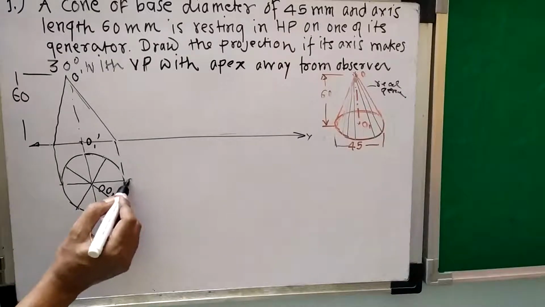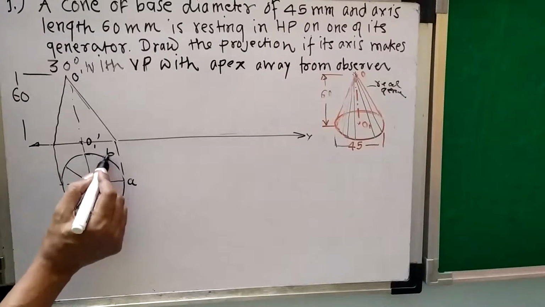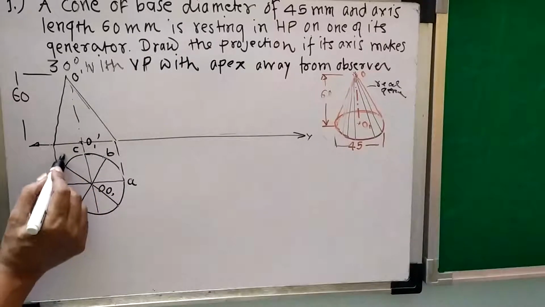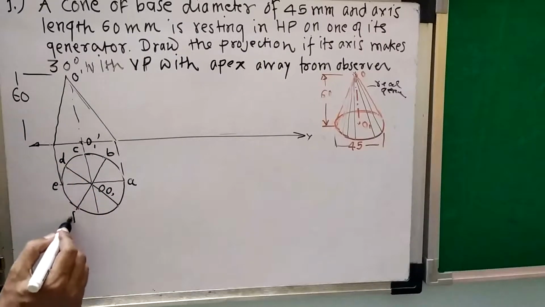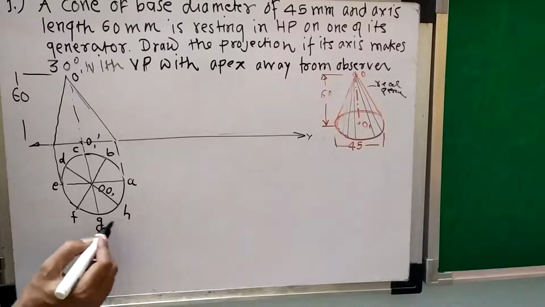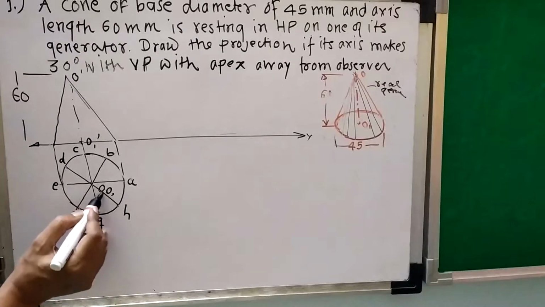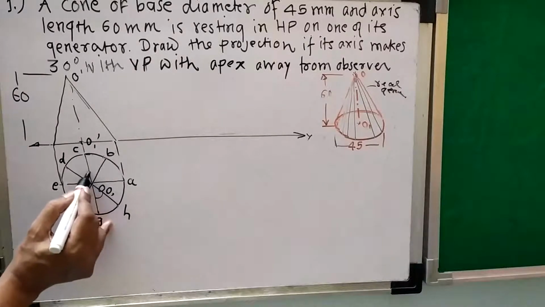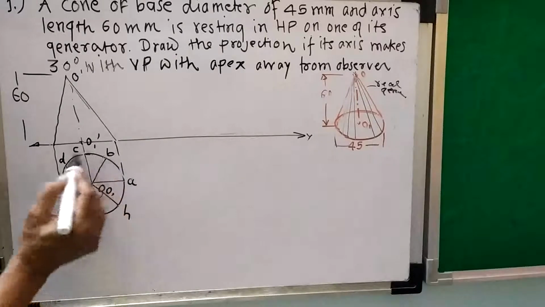Suppose this is my A, B, C, D, E, F, G, H. Each I will take at 45 degrees, and I will get 8 equal parts.